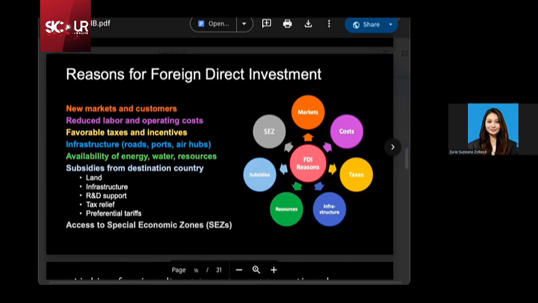If you have the best talent in your company, or in the country, for a specific sector or industry, then definitely it can be attractive for a company to invest in your country.